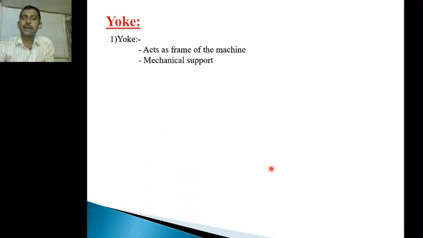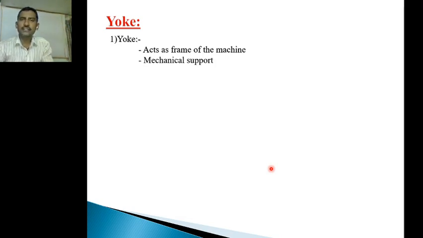So coming to the first part of the DC generator, the yoke. What is the function of the yoke? First, it acts as a frame of the machine, a frame for the armature winding.